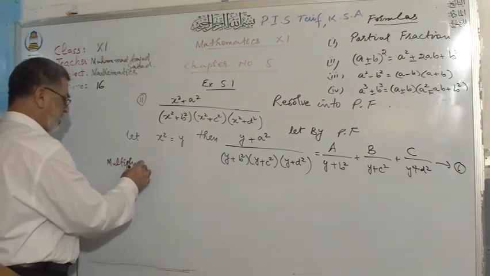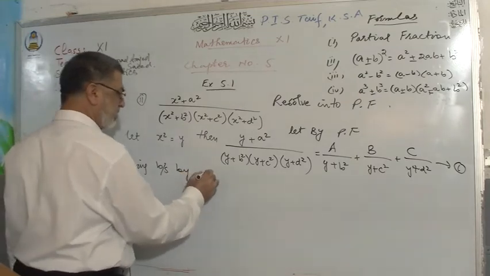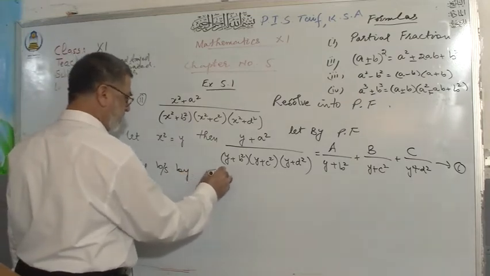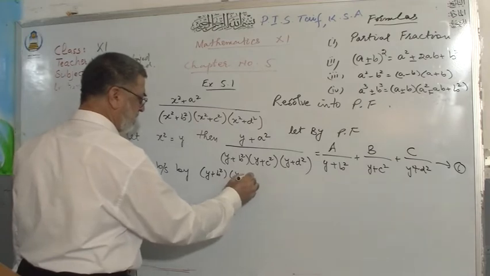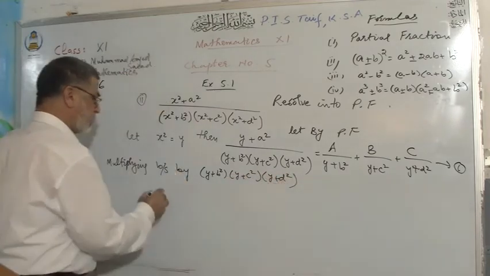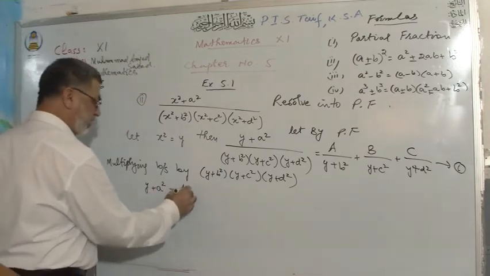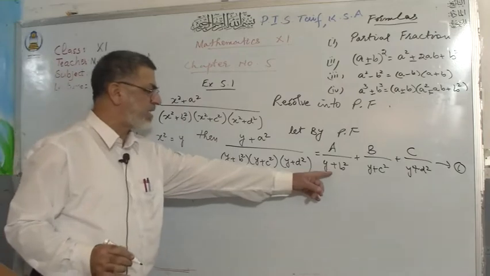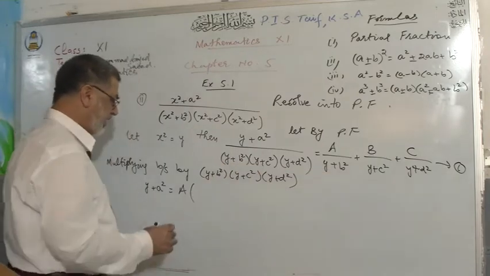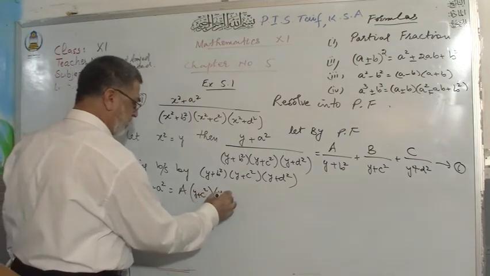Multiplying both sides by LCM, y plus b square into y plus c square into y plus d square. So we are left with y plus a square is equal to A into this y plus b square, this is cancelled out, and we are left with y plus c square into y plus d square.